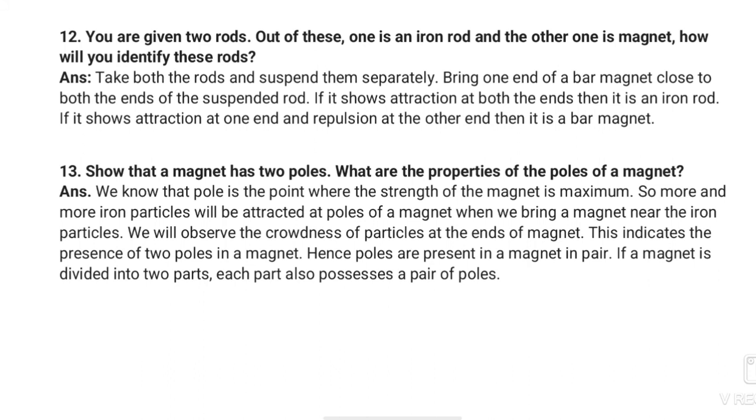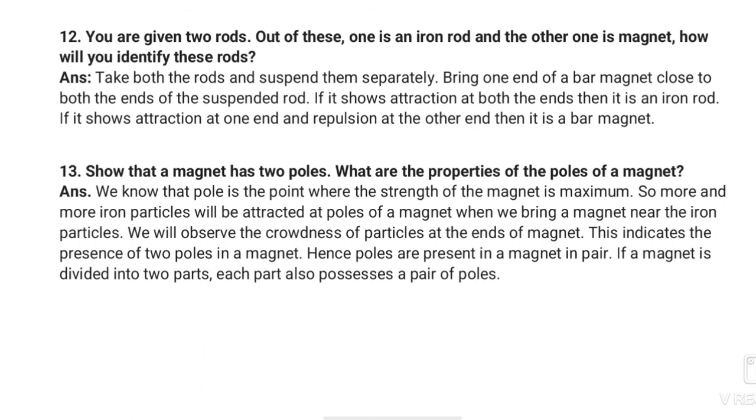So more and more iron particles will be attracted at the poles of a magnet when we bring a magnet near the iron particles. Magnetic materials are attracted at the poles the most. Why? Because near the pole the magnetic strength is maximum.